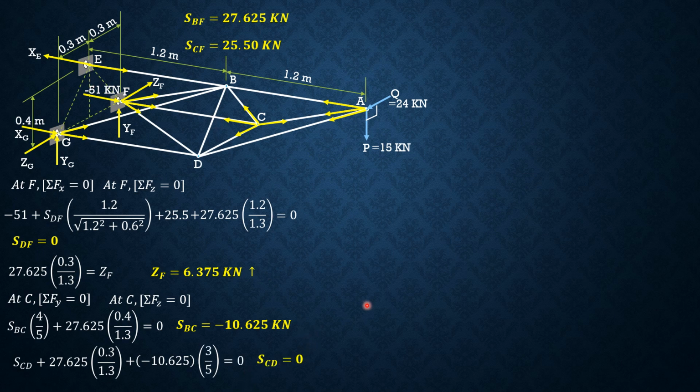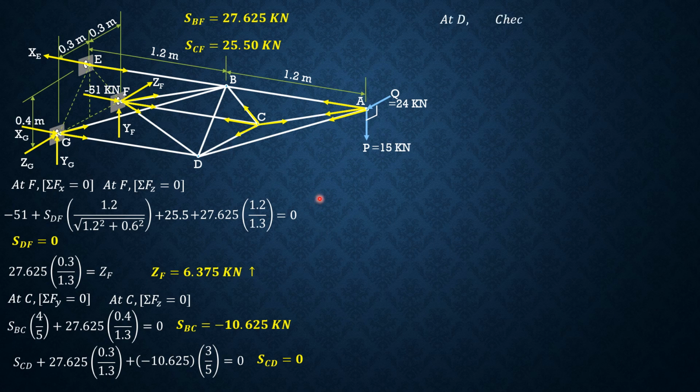So SCD is 0 also. Because AC, BC, and CF are on the same plane, automatically SCD is 0. So that's the result also to verify that SCD is 0. Joint C is balanced in X, Y, and Z already.